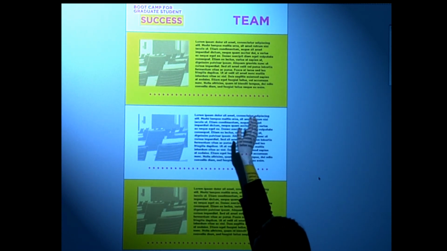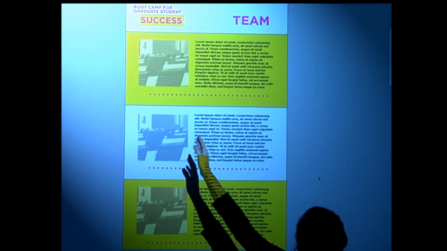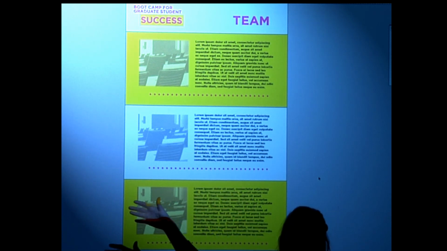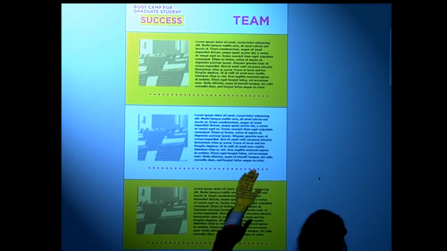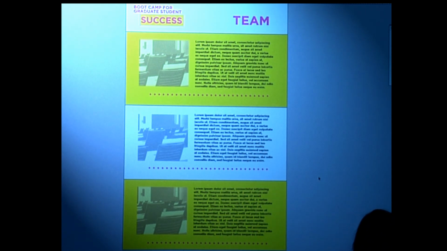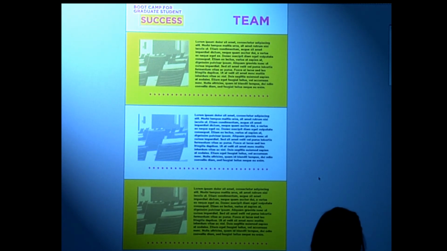I put team up here, so imagine you make 3 different images in Photoshop, portraits of your team members. These are your bios, and it has the same kind of aesthetic, palette, type, and content structure as the previous poster. So this is how you can start creating an identity for a presentation.